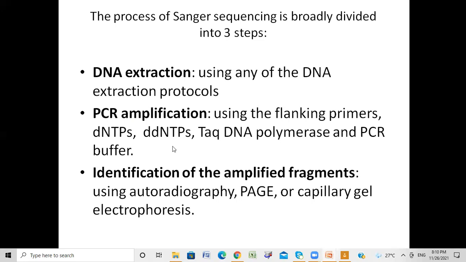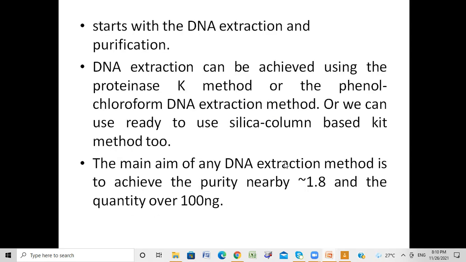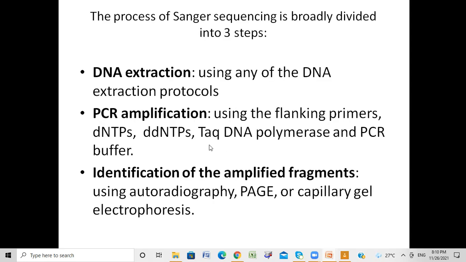That is the principle as far as the Sanger method is concerned. Then you will add all these things and facilitate the PCR process. Due to the addition of the ddNTPs at random places of the DNA fragment of interest, we are going to get different lengths of DNA fragments.